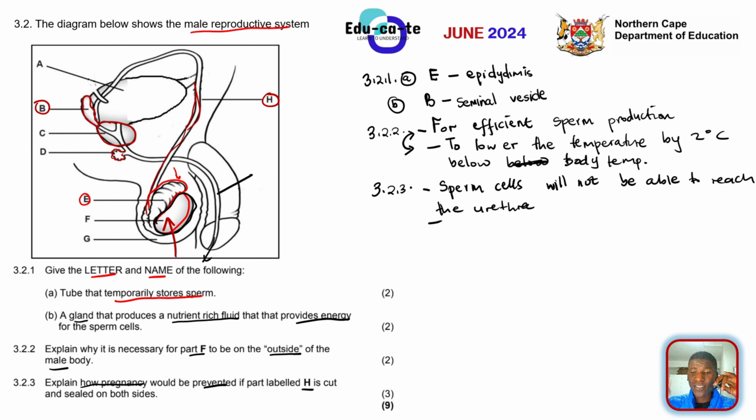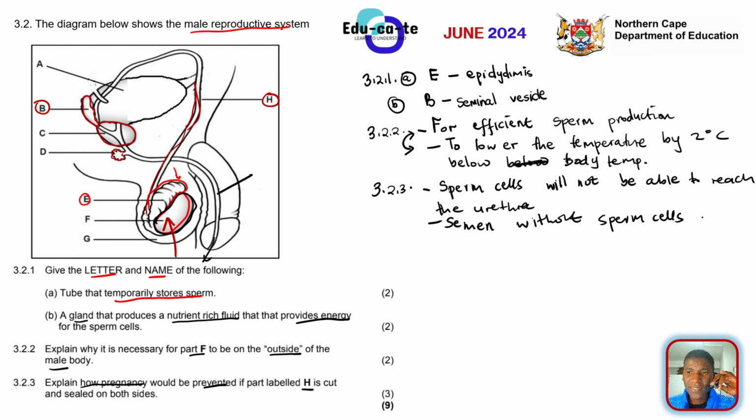But that semen does not have sperm cells, because, remember, I've said that they are being blocked since the sperm duct has been cut and tied, grade 12s. All right. So we will have semen, but it won't contain sperm. Okay, so semen without sperm cells.